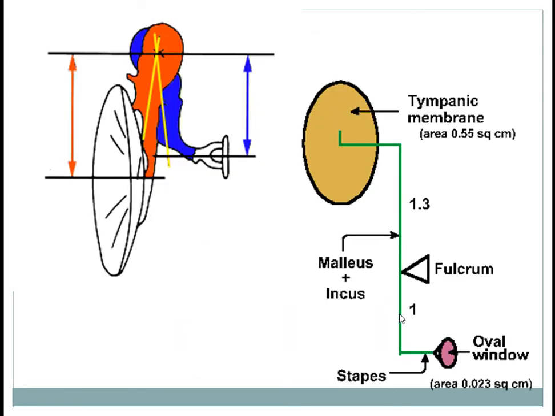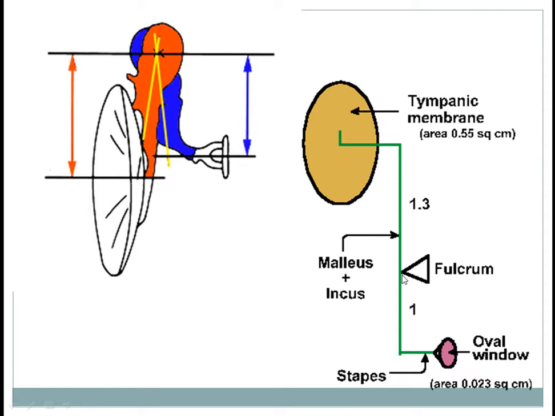If you have a better knowledge of physics, you can come to know that these ossicles are acting as a lever system, through whose arm the sound waves are conducted to the smaller area here.